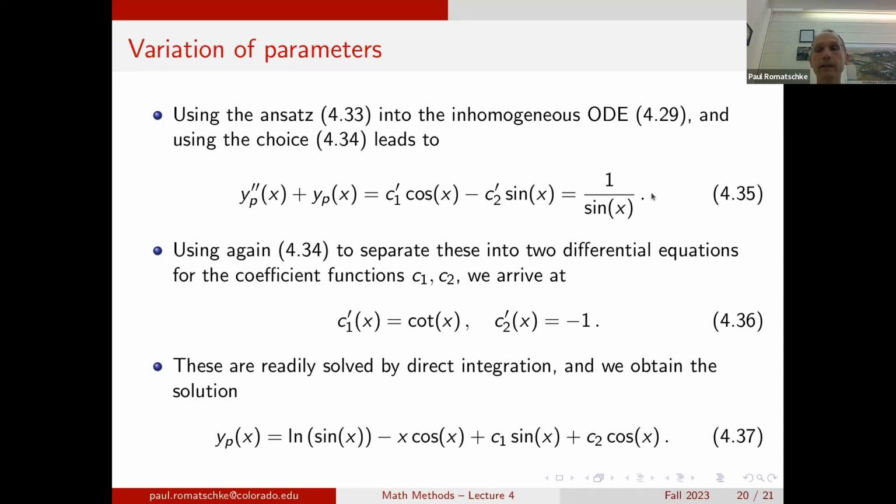And the right hand side, the f of x, is just given as 1 over sine of x. So then we have this as the differential equation that we need to solve, which is now first order in the differential of the coefficient functions c1 and c2.